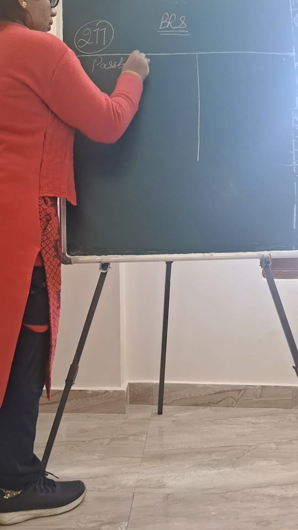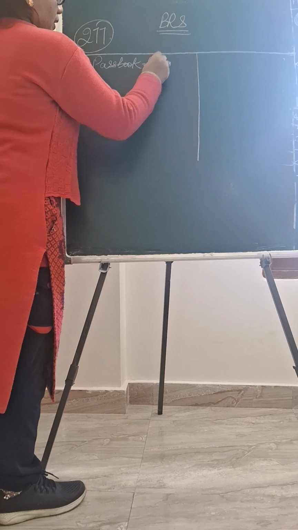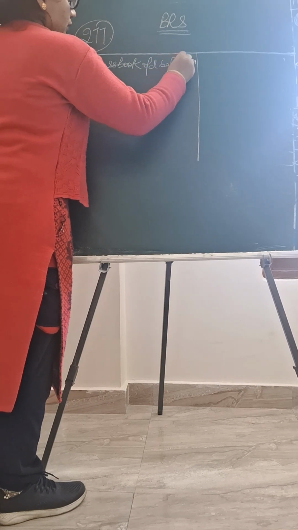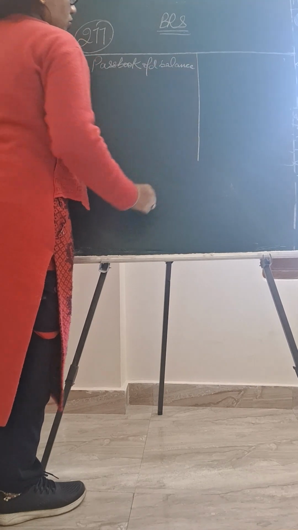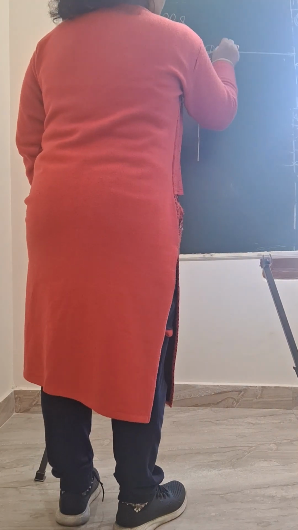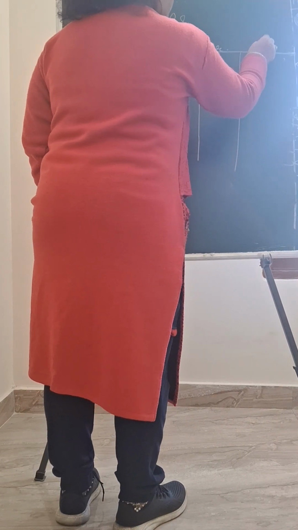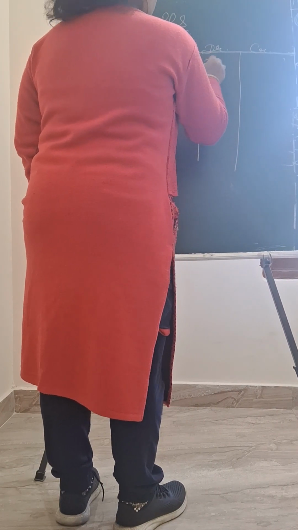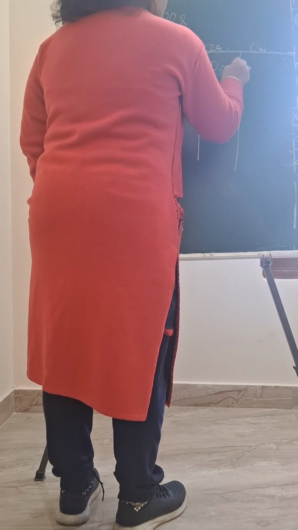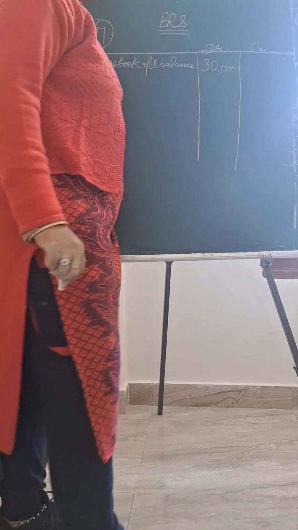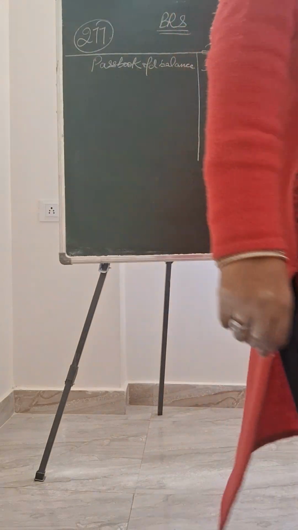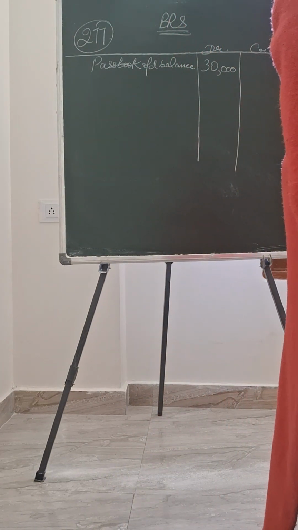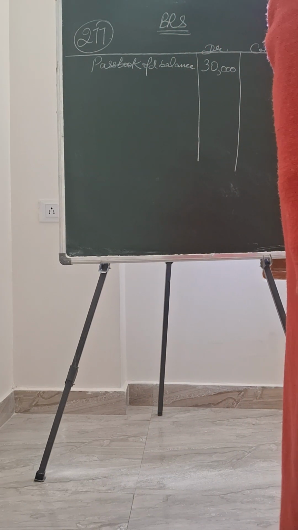So one is the debit side, other is the credit side. Passbook overdraft balance is 30,000. This thing is clear. Then next we have checks deposited but not credited.